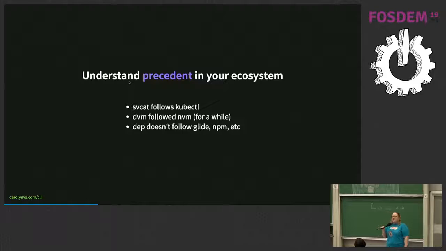Okay, so the other thing you're going to want to look at is understanding the ecosystem that you live in. Very few of us get to write a really cool new tool and then not have to worry about what other tools people are running alongside it. So for example, SVCAT, which is a service catalog tool, always gets used next to kubectl for Kubernetes. And I don't really get to pick and choose how that works. They made decisions. It looks like kubectl get services.